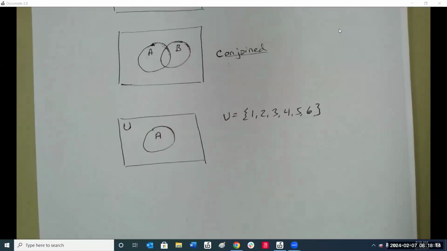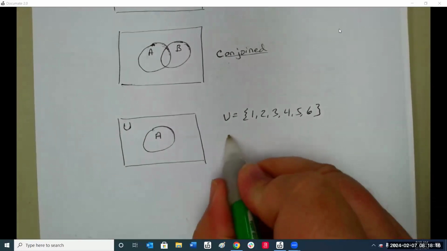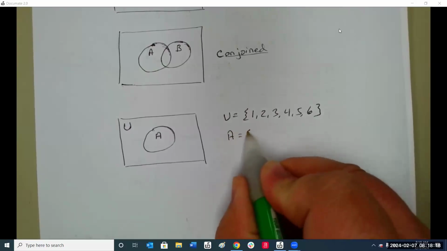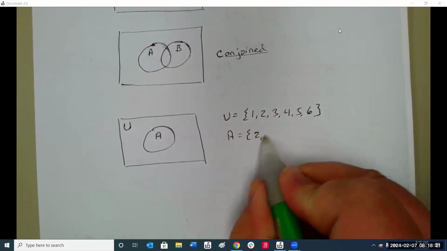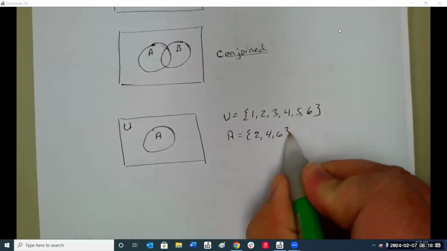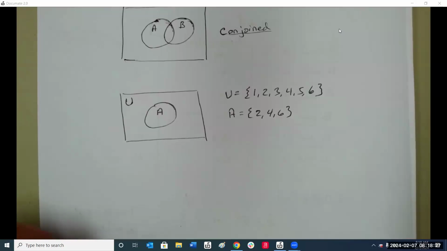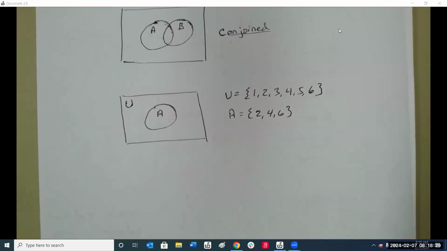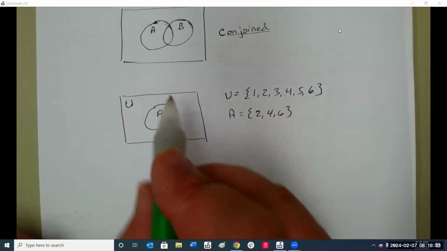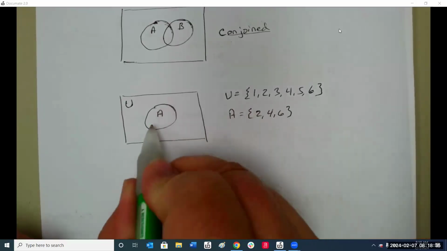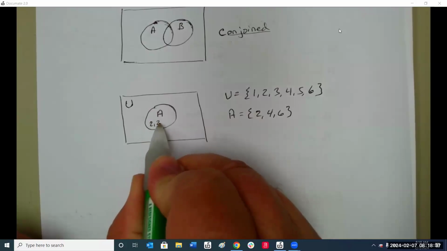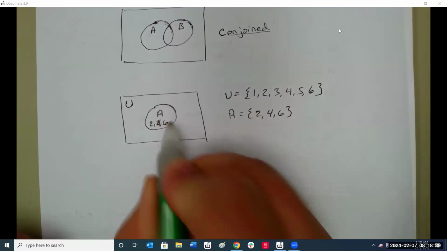That's the universe. And set A consists of 2, 4, 6. So if we were going to do a Venn diagram, then we know that A consists of the numbers 2, 4, and 6.